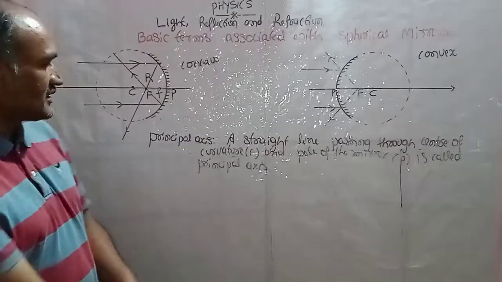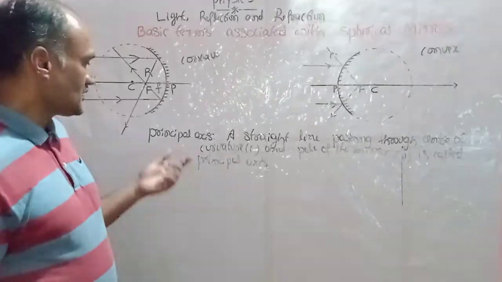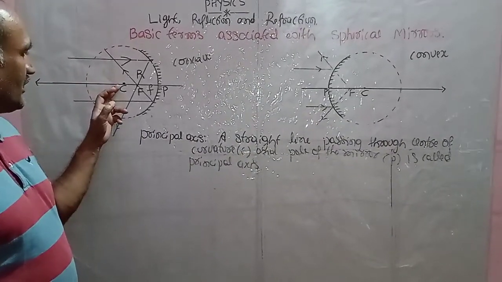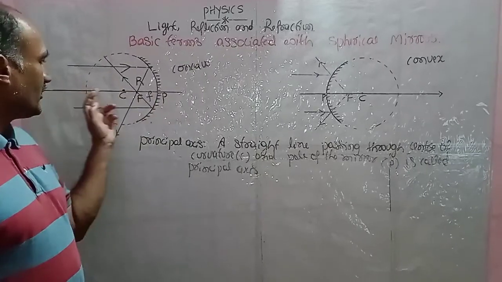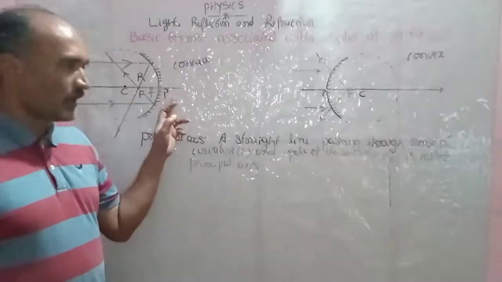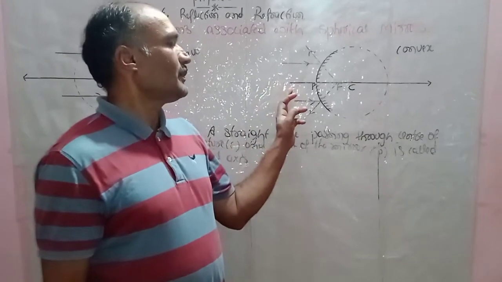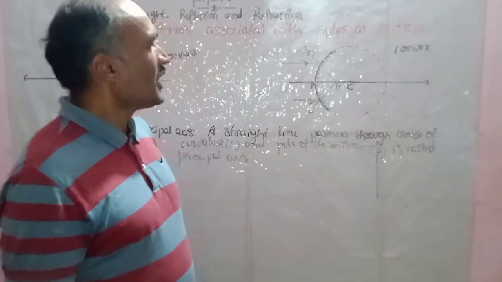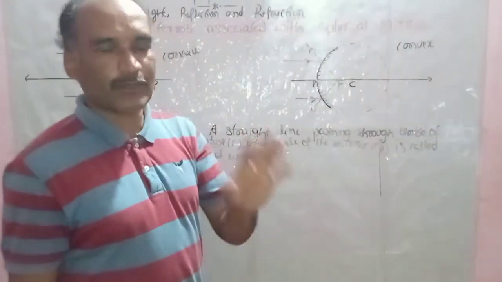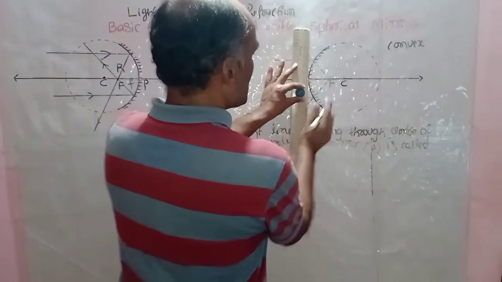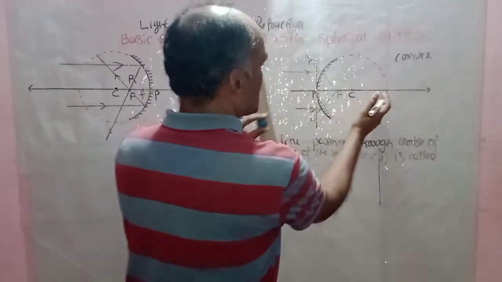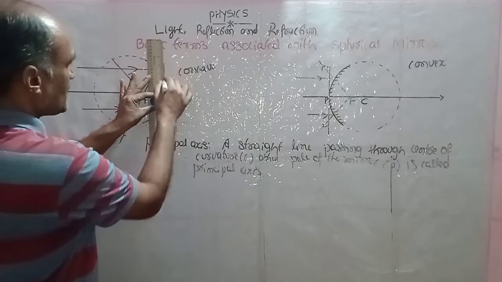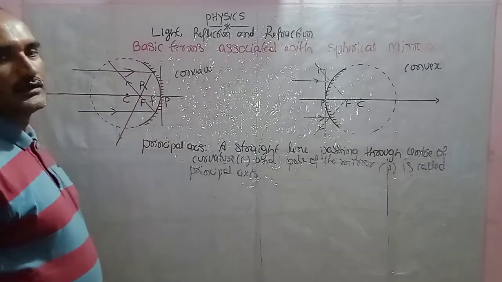Student, one more basic term is the principal axis. The principal axis is a straight line passing through the center of curvature and the pole of the mirror. This principal axis is always perpendicular to the mirror, in this mirror and in this one also.